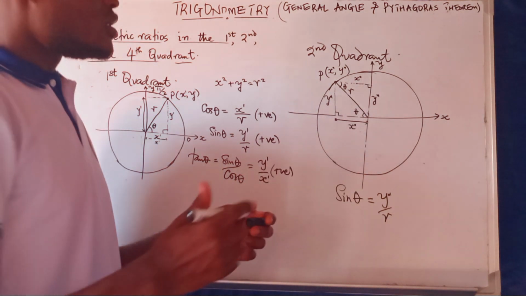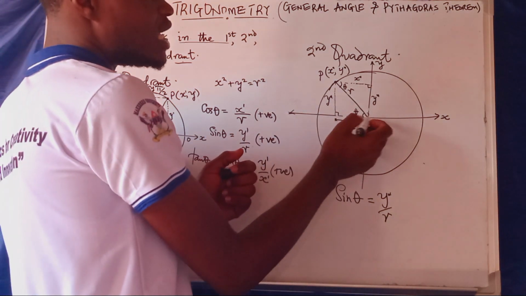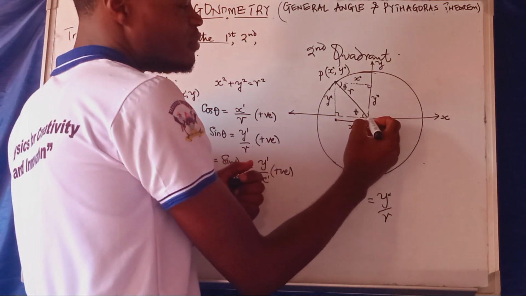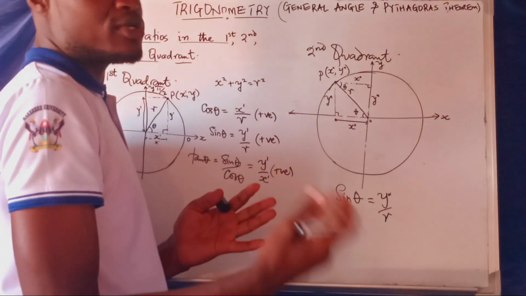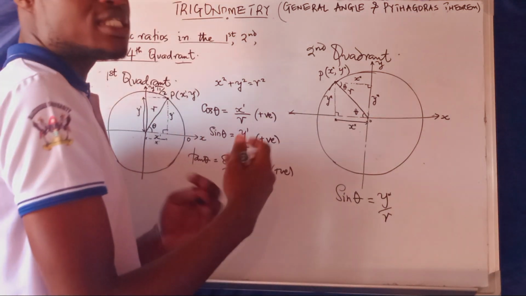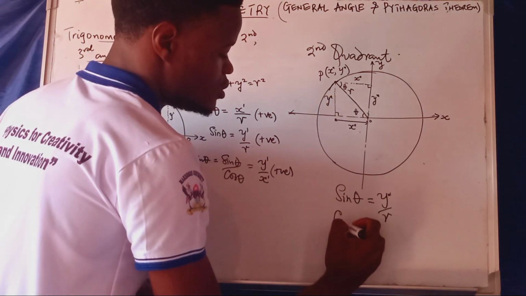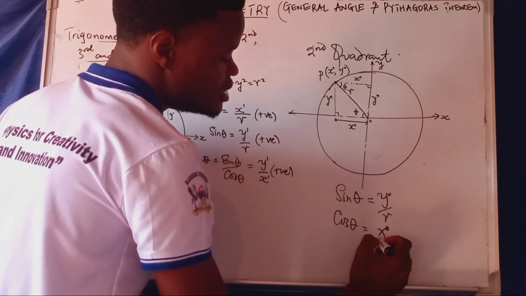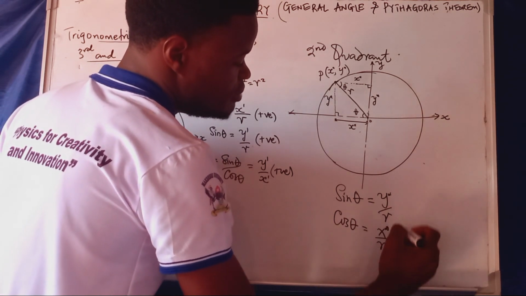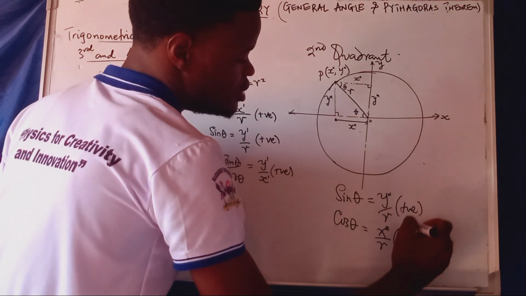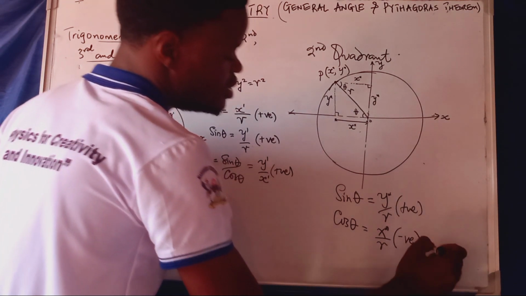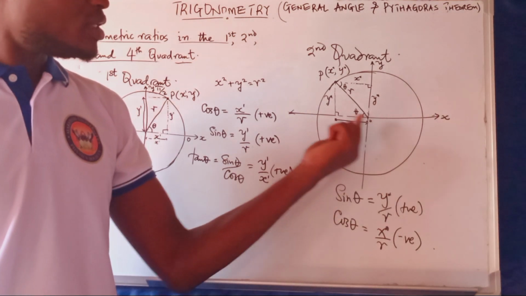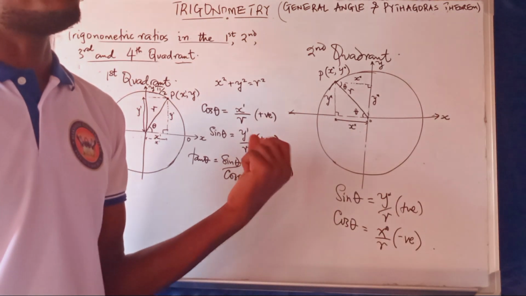But on this side of x, we are in the negative part. From this to this is positive x, then from this to this is negative. So now cosine theta is equal to x star over r. But remember, this is positive, this is negative, because of x being on the negative part of the x axis.